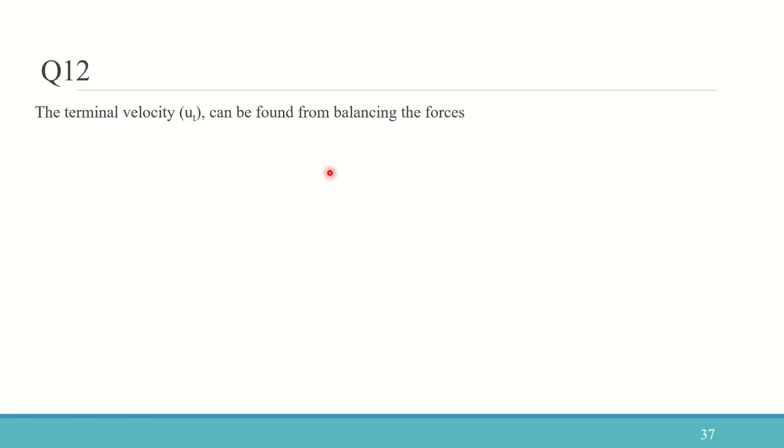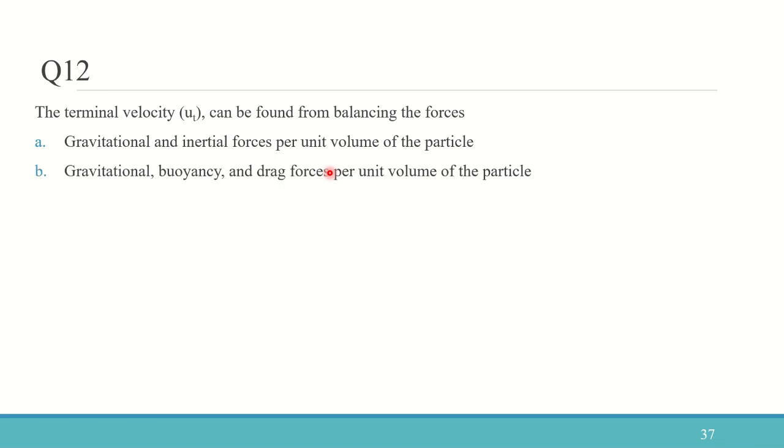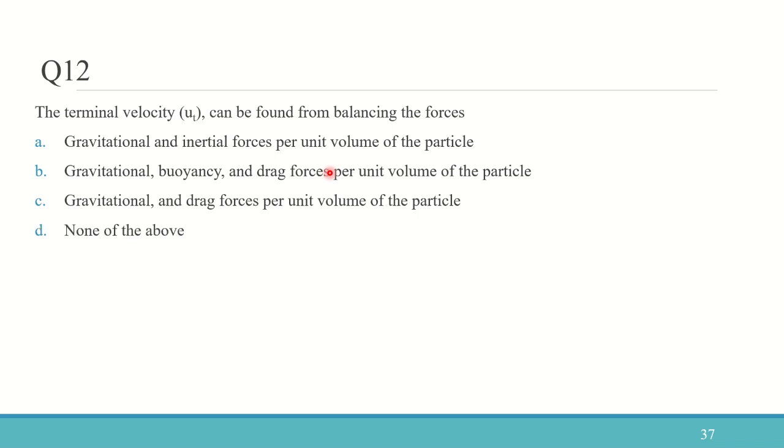So terminal velocity can be found from balancing the forces: option A, gravitational and inertial forces per unit volume of the particle; option B, gravitational, buoyancy and drag force per unit volume of the particle; option C, gravitational and drag force per unit volume of the particle; option D, none of the above. The right answer is we are balancing all the forces, so gravitational, buoyancy and drag force per unit volume of the particle. Option B is the right answer.